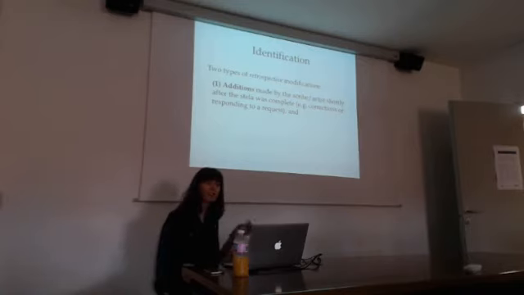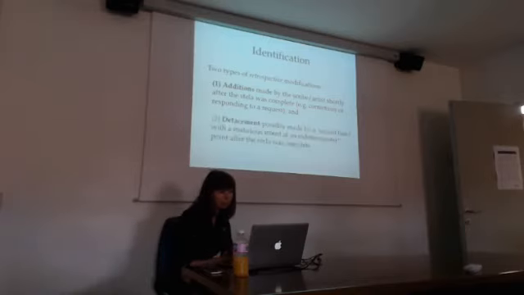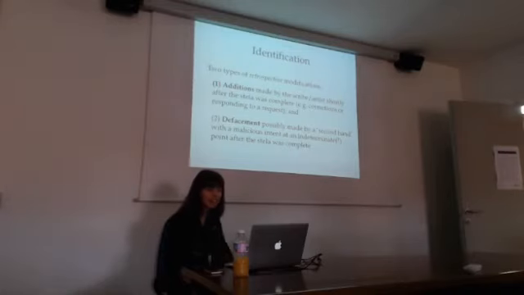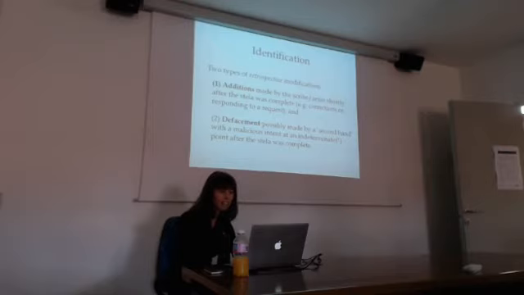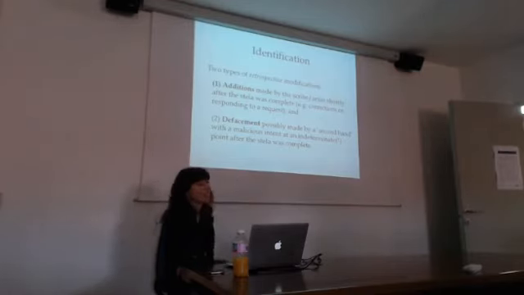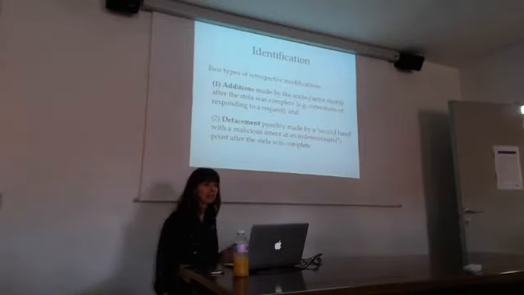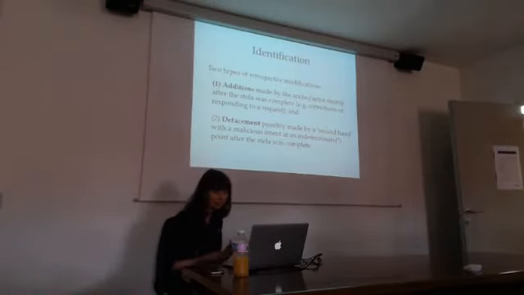So it's normally like a correction or responding to a request. And I'll give you some examples in a moment. And also defacement, so possibly made by a second hand with a malicious intent at an indeterminate point after the stela was complete. And I've added a question mark after indeterminate because this is something that I'm focusing on now. Can we actually work out when these modifications happened?